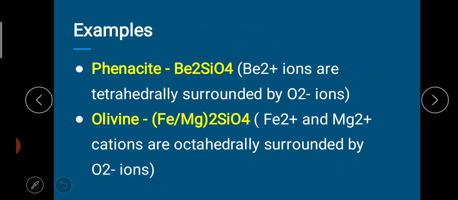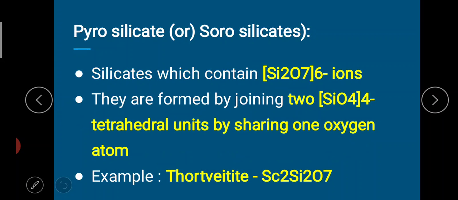Examples are phenacite, which has Be2 plus ions tetrahedrally surrounded by O2 minus ions, whereas in the other example, olivine, you have iron and magnesium surrounded by O2 minus ions octahedrally, so Fe or Mg2SiO4. These are the examples of ortho or nesosilicates.